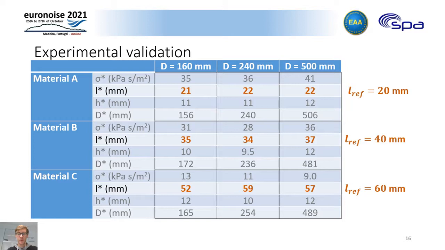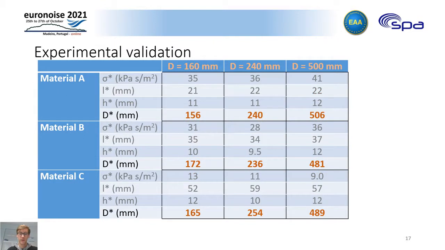For the thickness, we had a maximum deviation of about 6 or 7 millimeters. And this was mostly for the softest porous layer measured. For the two other ones, the maximum deviation was about 5 millimeters maybe.